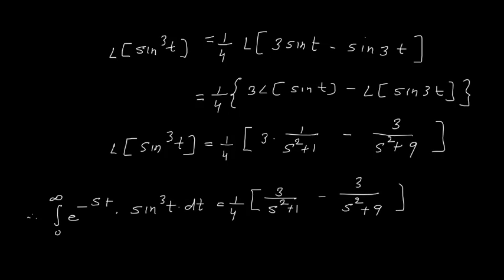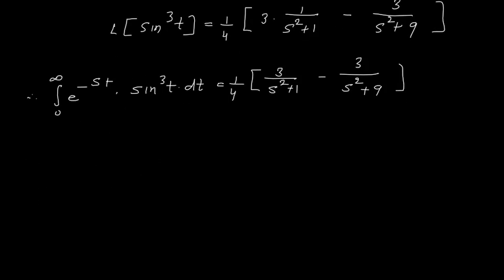Now in our problem, we have to find the value of e power minus 2t into sine cube t. So if I replace, put s is equals to 2, we get 0 to infinity e power minus 2t into sine cube t dt. I will get this is equals to 1 upon 4.